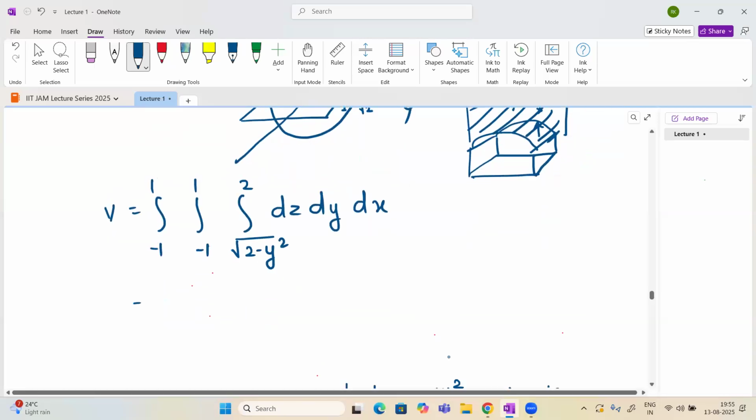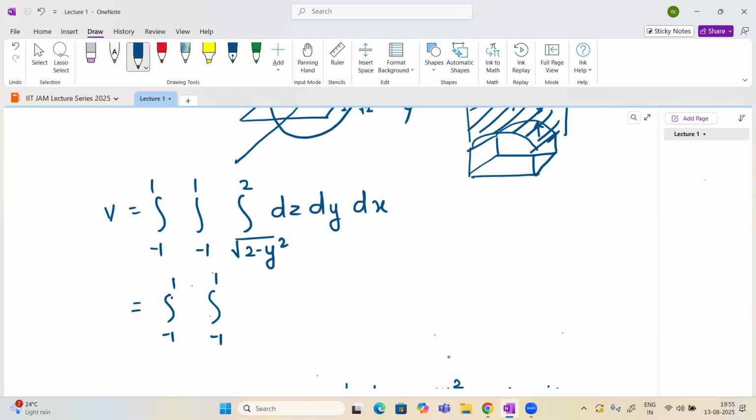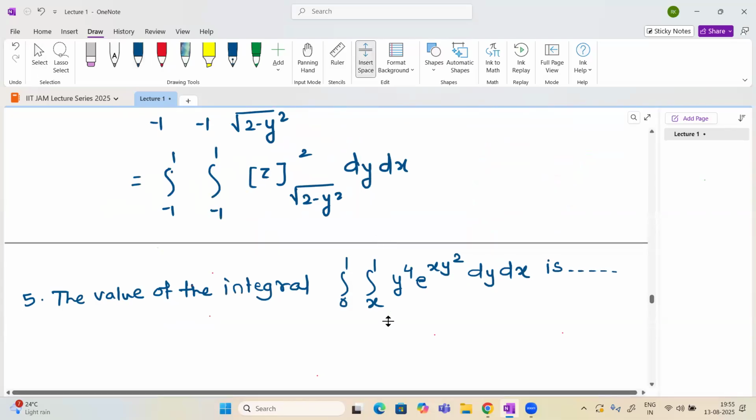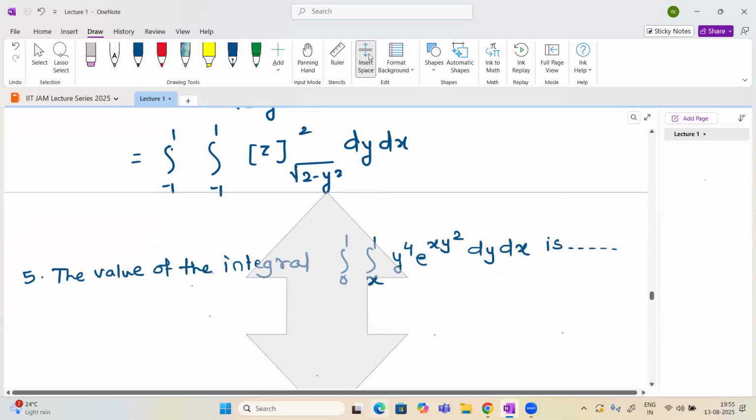Okay. So tell me integration. We always solve the inner integration first. What will I get? Integration of dz? Z, from root 2 minus y square to 2, dy dx. Let us put upper limit, lower limit.